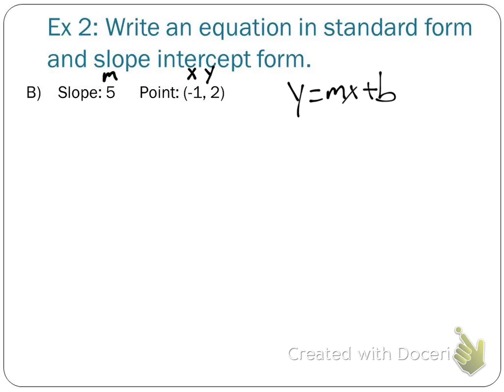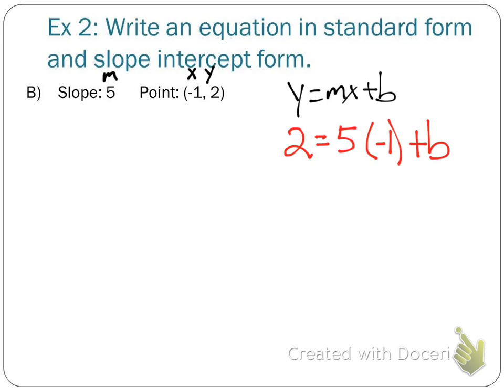So I'm going to plug in all the parts that I know, and I'm going to see if I can figure out what b has to be. All right, so instead of y, I'm going to write the y value. Instead of m, I'm going to write the slope. Instead of x, I'm going to write the x value plus b.